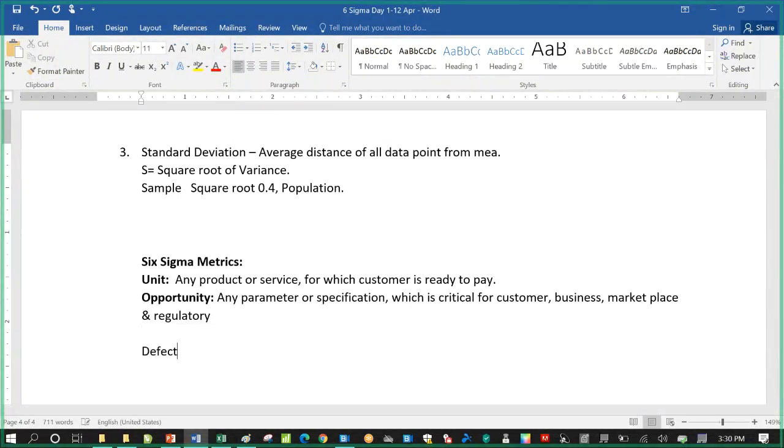Then what is a defect? So a defect is related to opportunity.